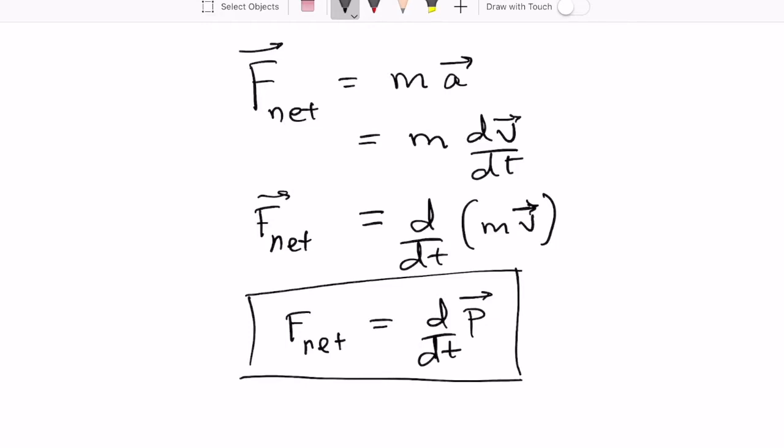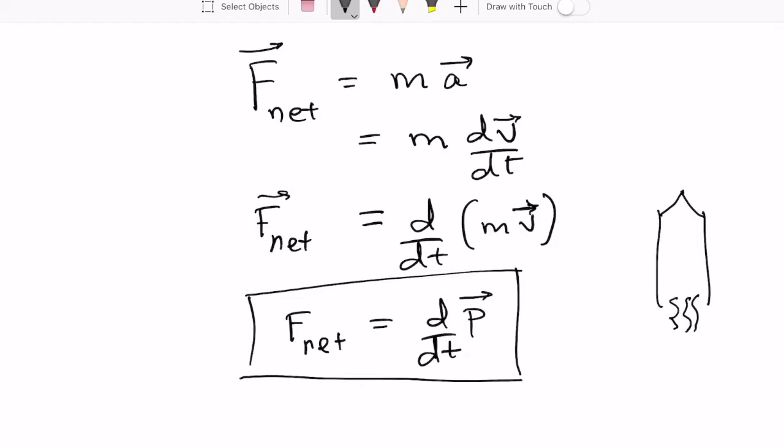Here is one example, a rocket, for instance. When a rocket is flying in space, or anytime the rocket is moving, it shoots off exhaust. So as it's shooting off the exhaust, it's losing a lot of mass. So the mass of the rocket is not constant.